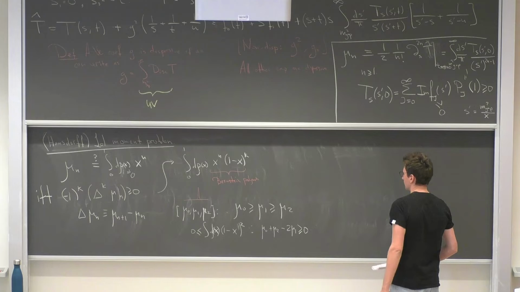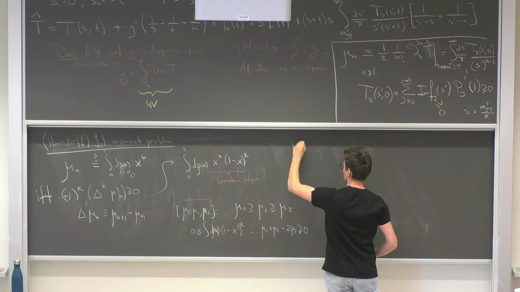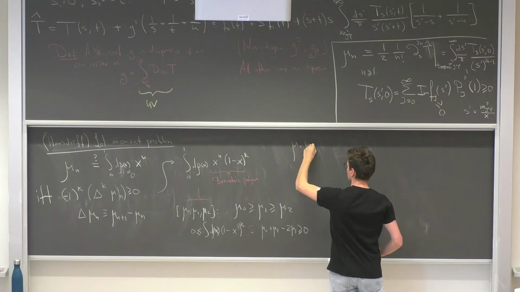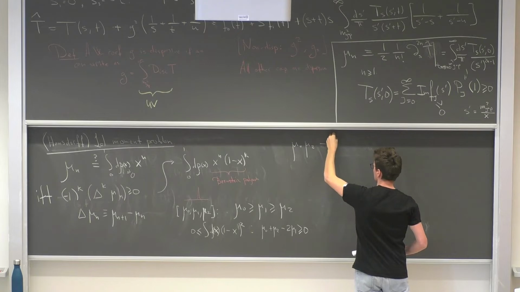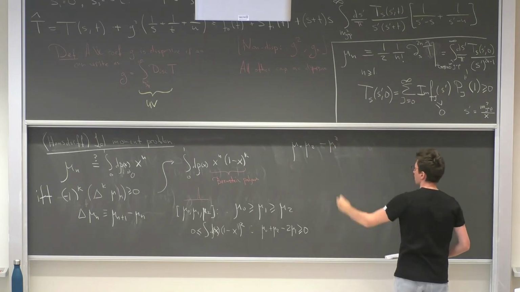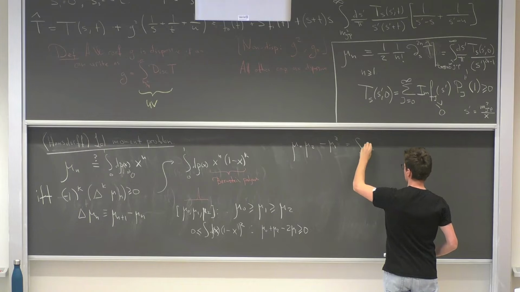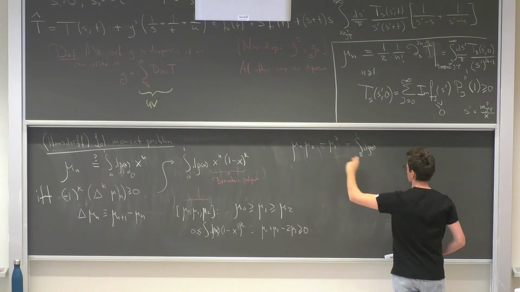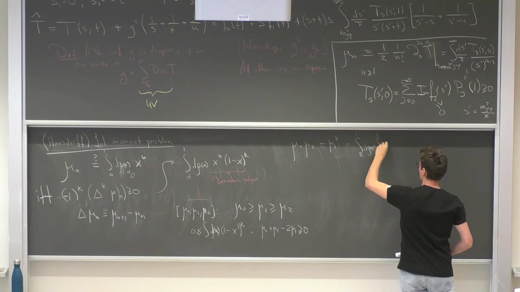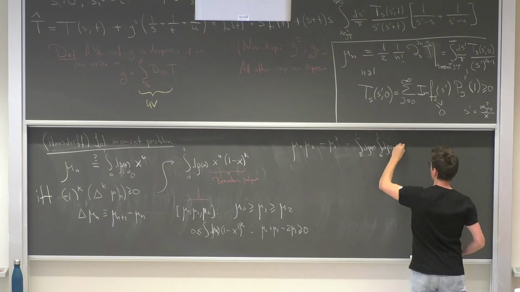And also you can start with the following combination: m0 times m2 minus m1 squared. Let me write it like this: the integral dx over 0 to 1 of m0, which is the integral over y of mu2, so y squared.